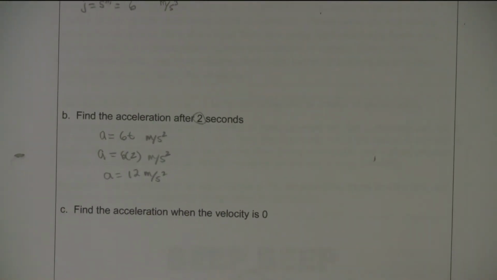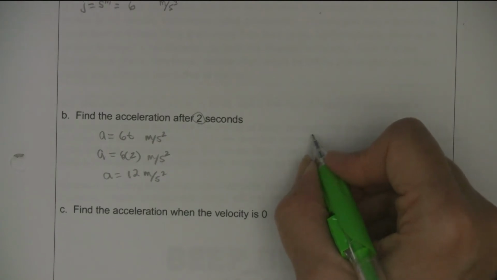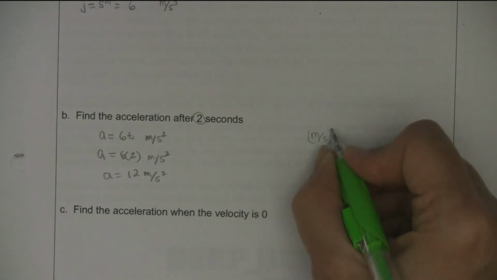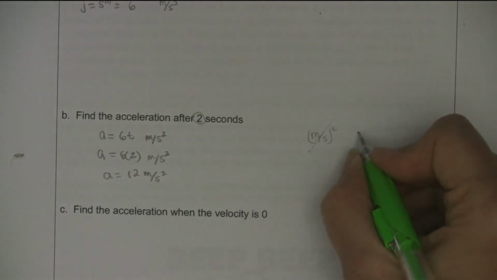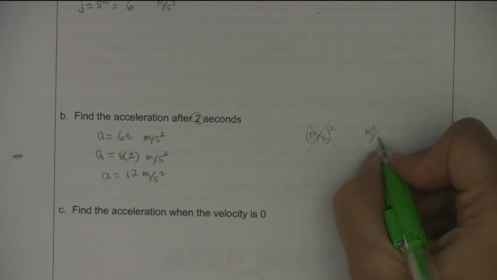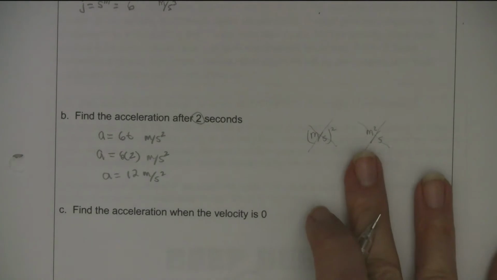A lot of times people put the units wrong, and they think they shouldn't get any points taken off for that. So they put meters per second squared, which is not right, or they put meters squared per second, and that's not right as well. And so it is really important.